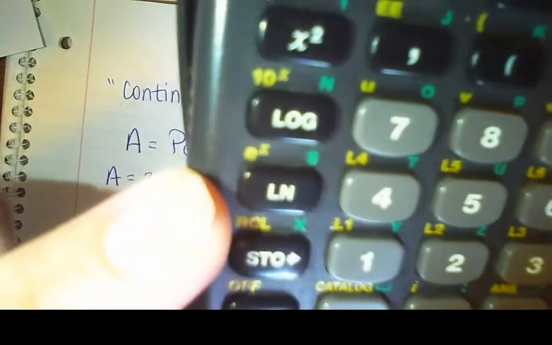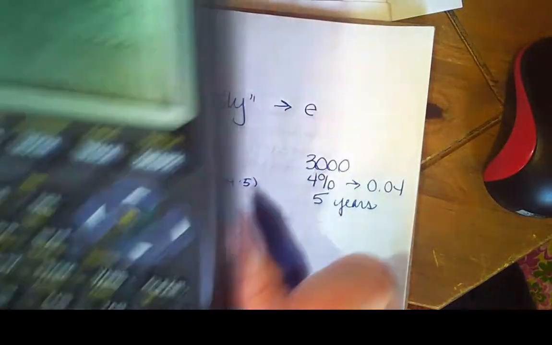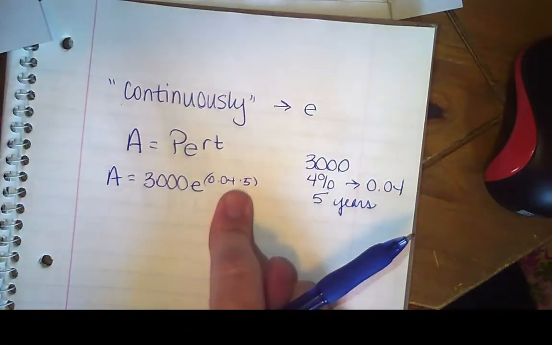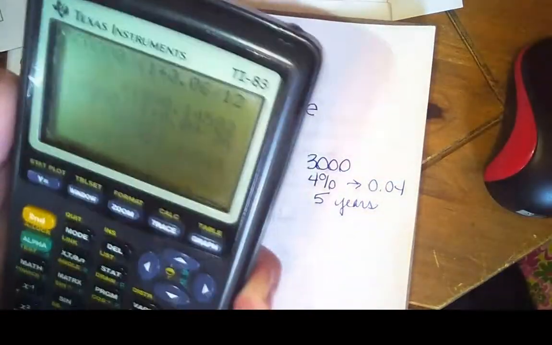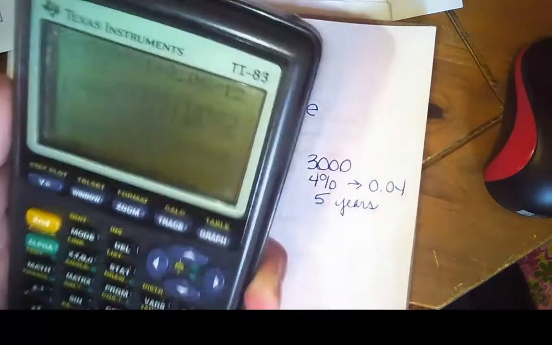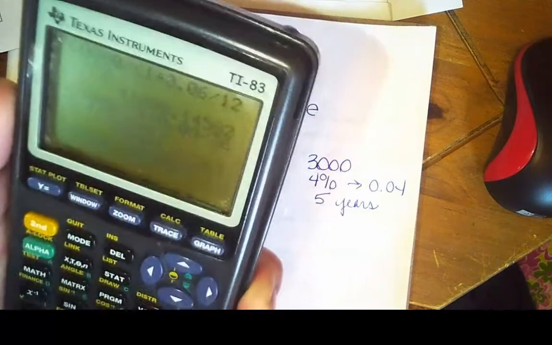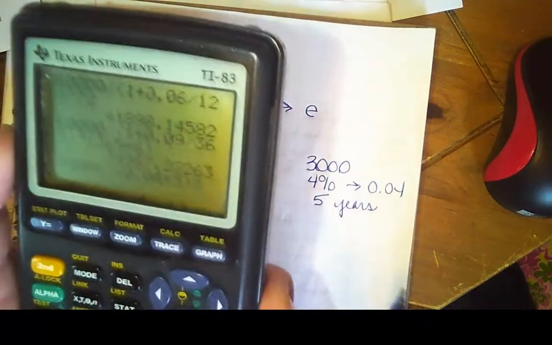You've got one right next to the natural log. If you can see that, it says e to the x. Or if you just need e, you've got another one just over here. Well, I need e to the x because I'm dealing with an exponent. So I have 3,000 times e raised to the, and I've got 0.04 times 5. So that exponent is in parentheses.